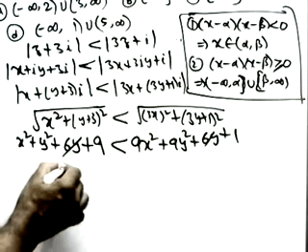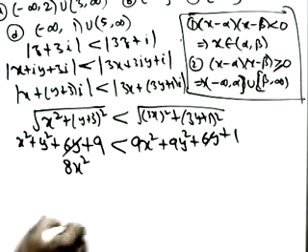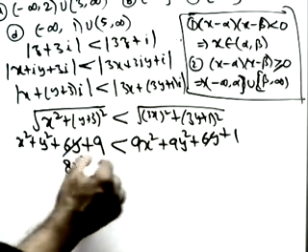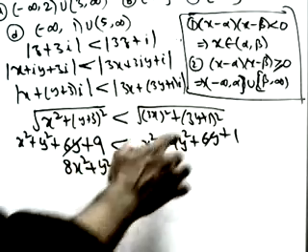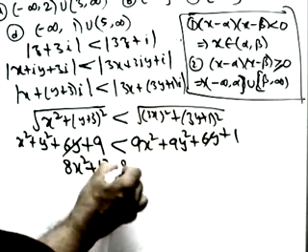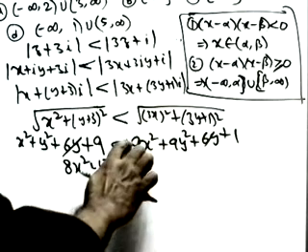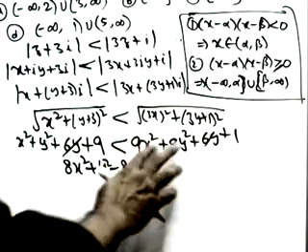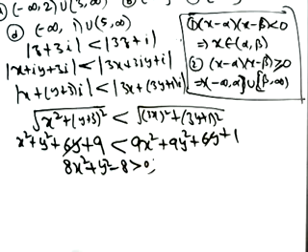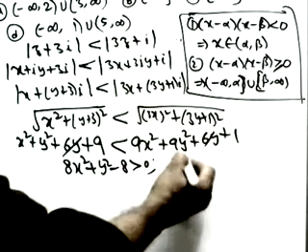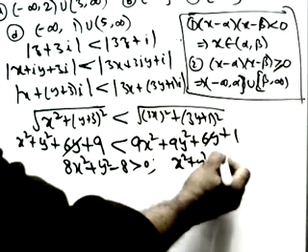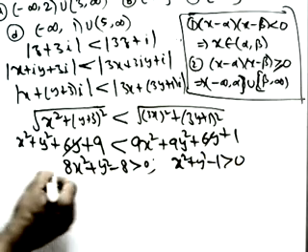Bring this to this side: 9x square minus x square is 8x square, 9y square minus y square is plus 8y square. Now 1 minus 9 is minus 8. You see we brought this to this side, so this side is actually greater. So greater than 0. You take 8 common, so this will be x square plus y square minus 1 greater than 0.